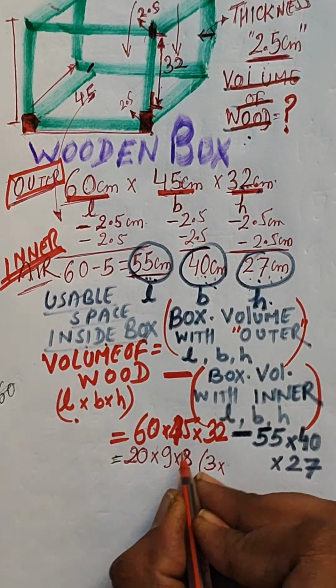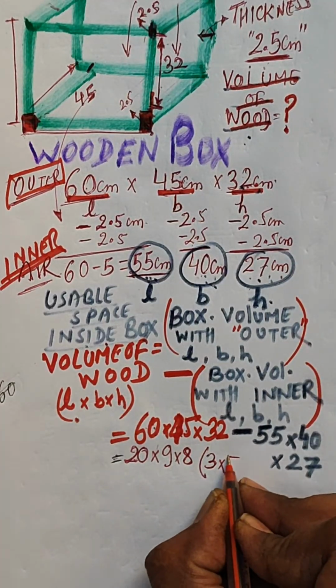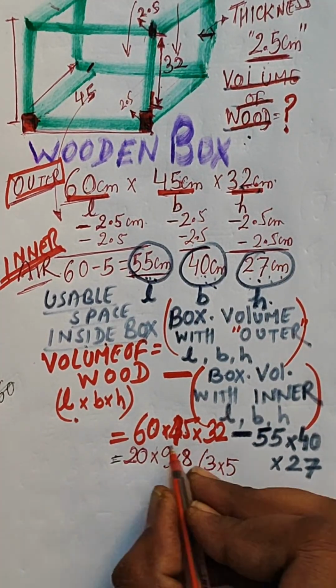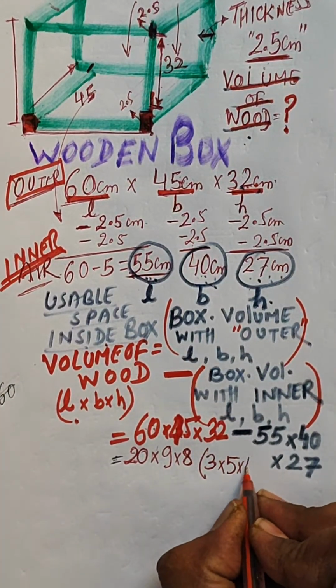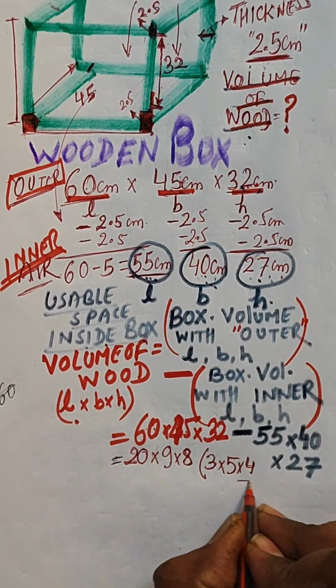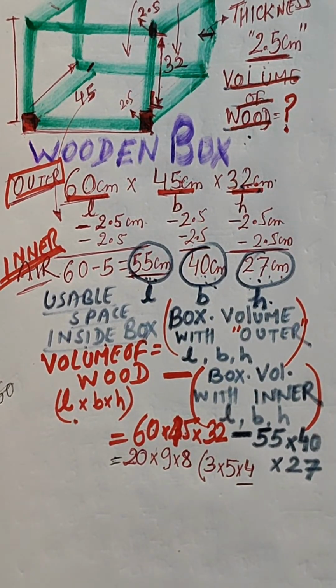From 45, 5 is left. From 32, 8 taken, 4 is left, right? Minus what is there into the... all answer is coming as 594.